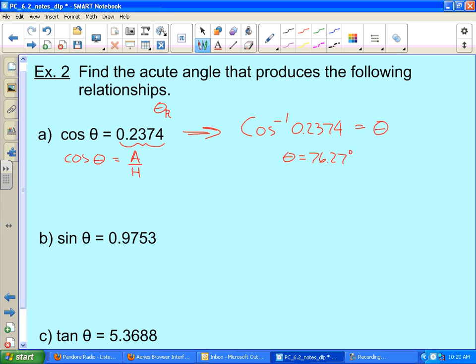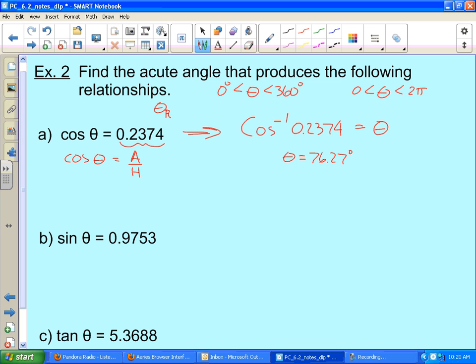But usually, one of two things is going to happen. You're going to have a domain given to you, like it might say we're looking for theta between 0 degrees and 360 degrees. That would tell you you're in degree mode. You might have a domain where it says I'm looking for theta between 0 and 2 pi. Now you're in radian mode. Or it just physically might say, give your answer in radians or degrees.